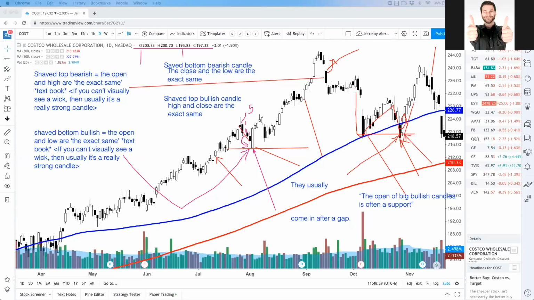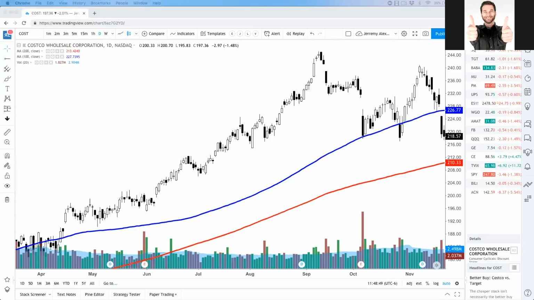So what I'm going to do now is delete this. If you want to take a screenshot of some of these definitions, feel free to pause the video and take a screenshot. I want to talk about the flip side. So I want to talk about shaved top bullish candles and shaved bottom bearish candles.